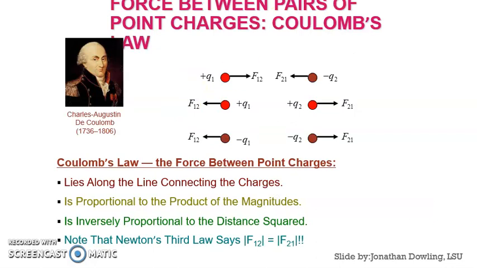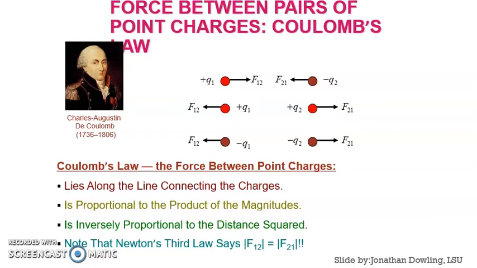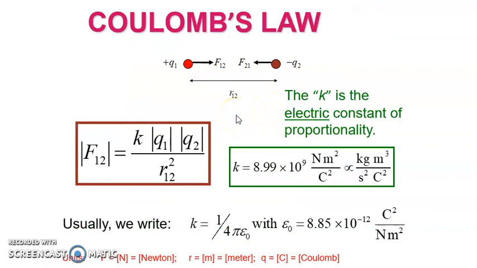That is why we use Coulomb's law. This law was put forward by Charles Augustin de Coulomb. Note that this law says the magnitudes of the two forces between these charges are the same.